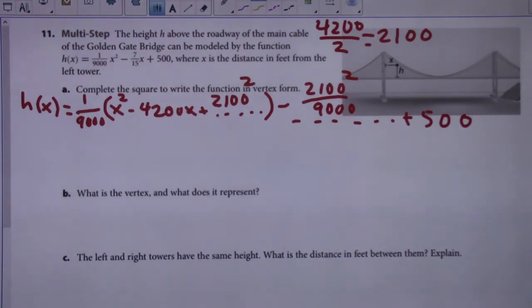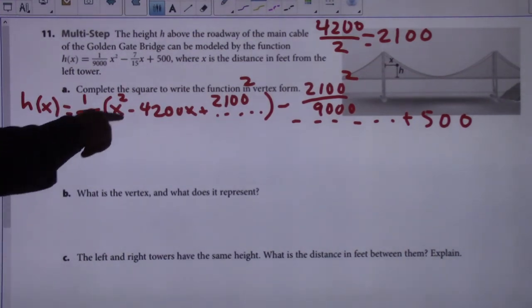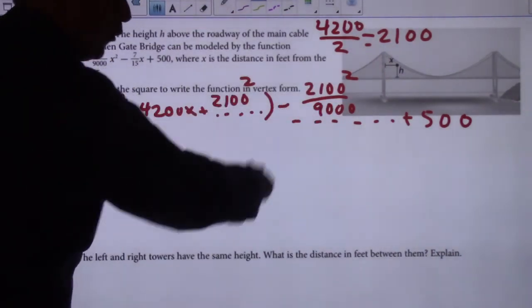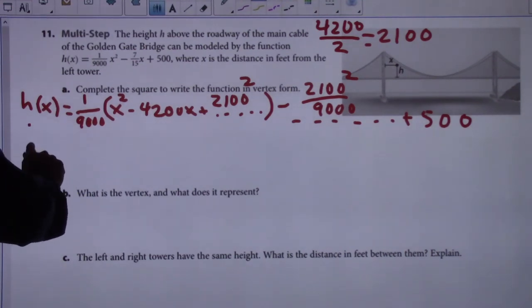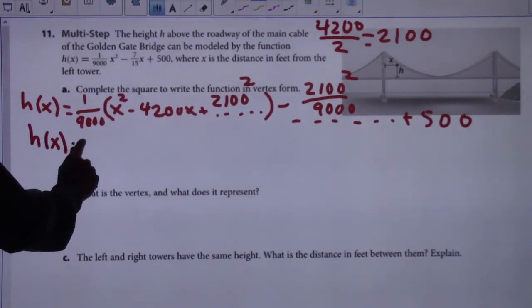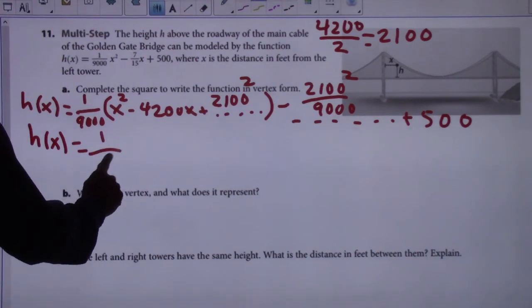If you take 2,100 squared over 9,000, what do you get? 490, right?